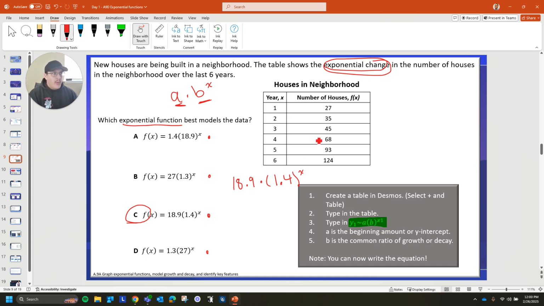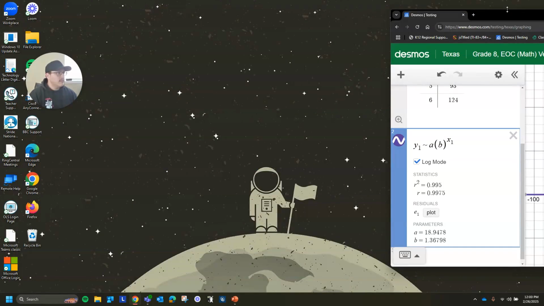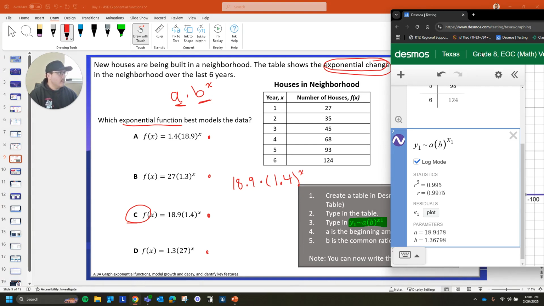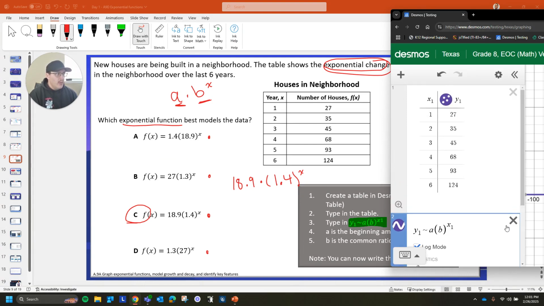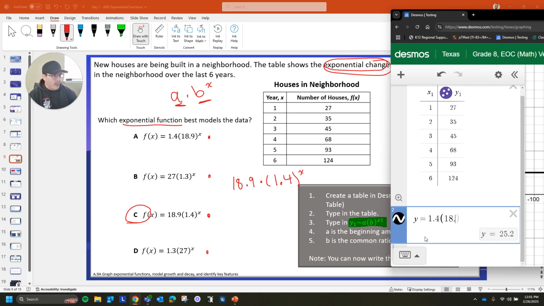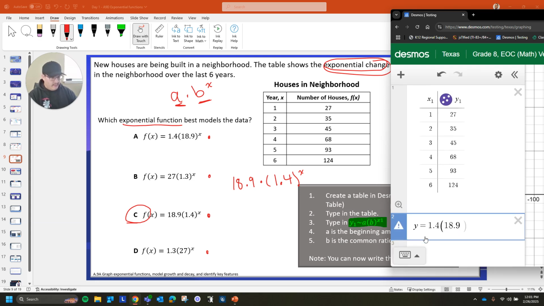And that's our answer. Now what we could have done is we also could have just put the table in, like we did right here, and we could have also typed each equation to see which one best matched those points. 1 point y equals 1.4 parentheses 18.9 close parentheses raised to the x power.